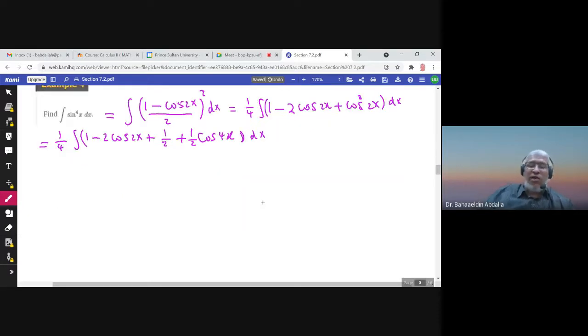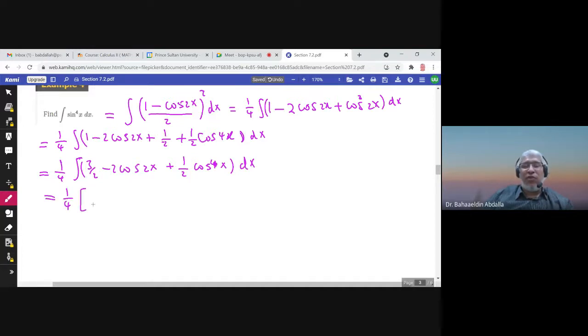And now I can evaluate, but I can just add 1 with half. So I have 3 over 2 minus 2 cosine 2x plus half cosine 4x dx. And this integral is easy.